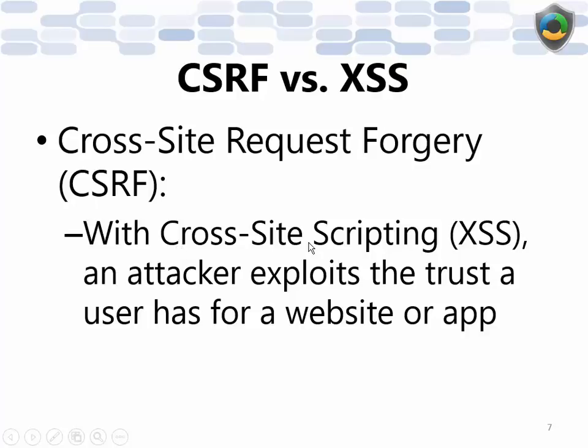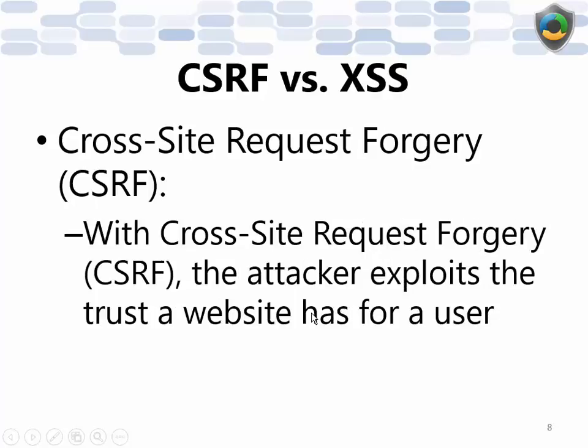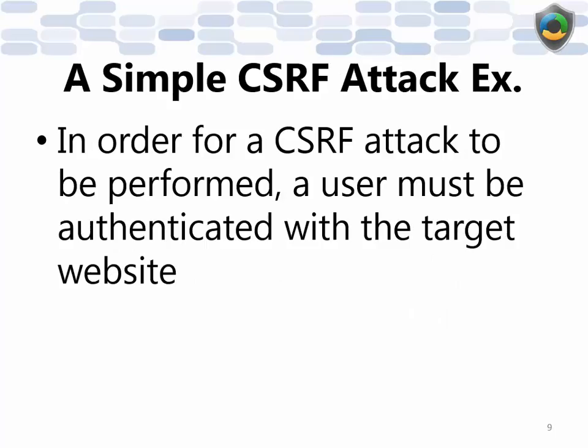With cross-site scripting, we already had a presentation on that. The attacker exploits the trust the user has for a website. But with cross-site request forgery, the attacker is exploiting the trust the website has for the user.